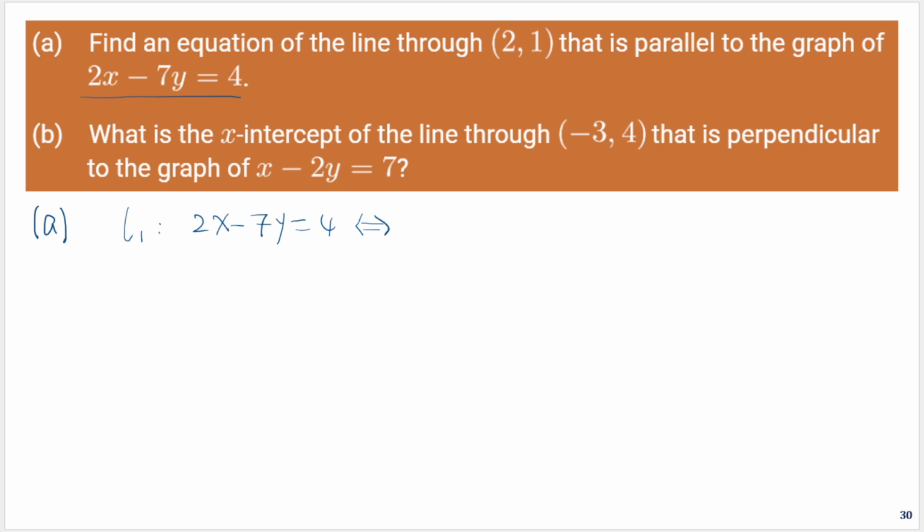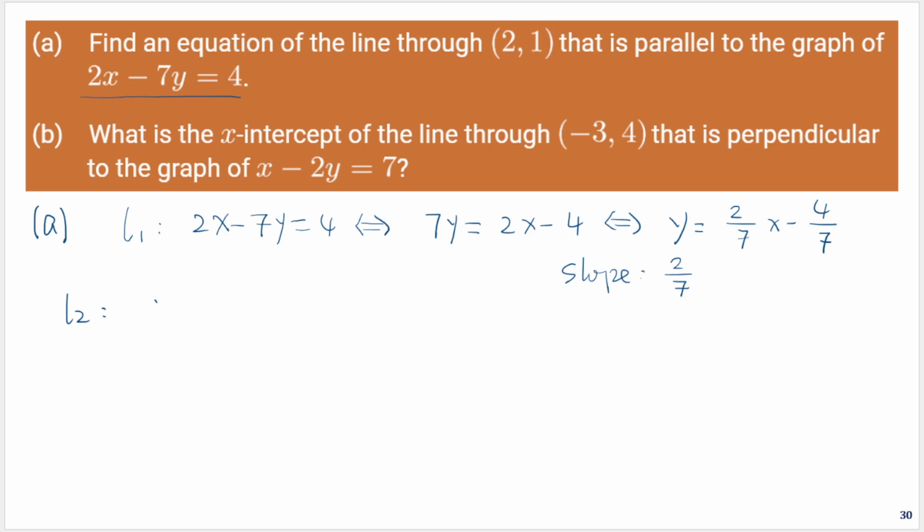So this can be rewritten as 7y equals 2x minus 4, and y equals 2 over 7 x minus 4 over 7, right? Therefore, we know the slope is 2 over 7. So let's suppose L2 has the same slope because it's parallel to this line, right? It must have the same slope.